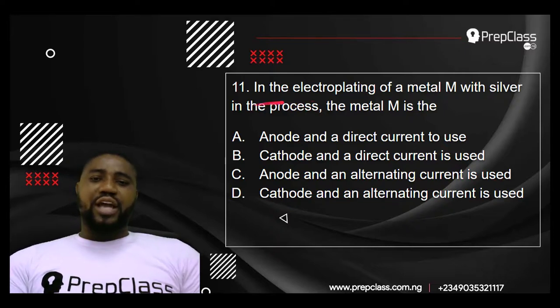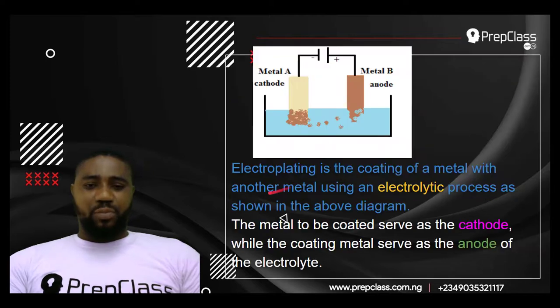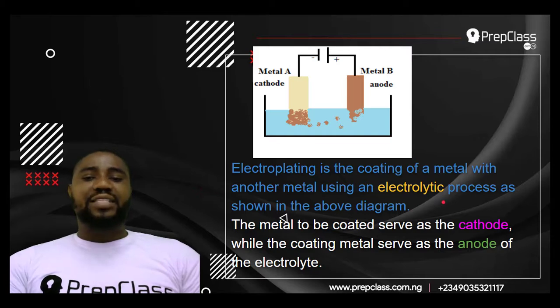First of all, when you hear the word electroplating, what is electroplating? Electroplating is the coating of a metal with another metal using an electrolytic process, as shown in the above diagram. You can see that this is a simple electrolytic process, and in an electrolytic process, we make use of a direct current, the current coming from a battery.